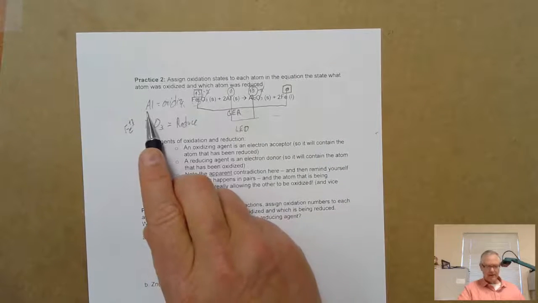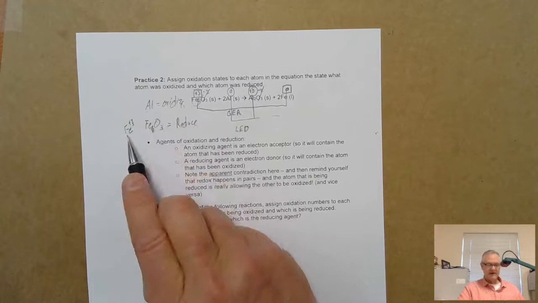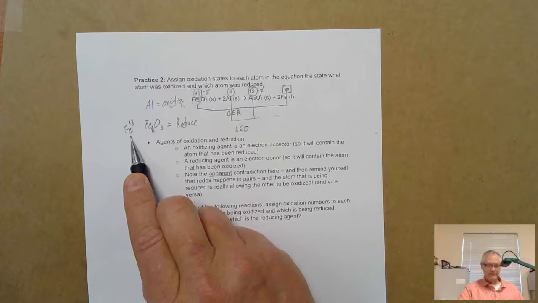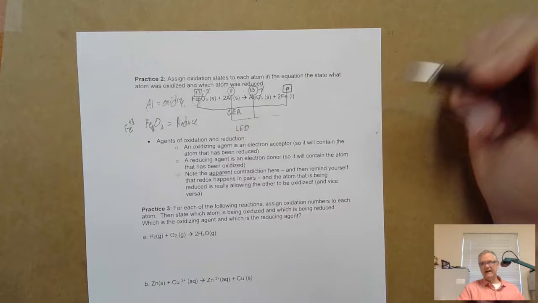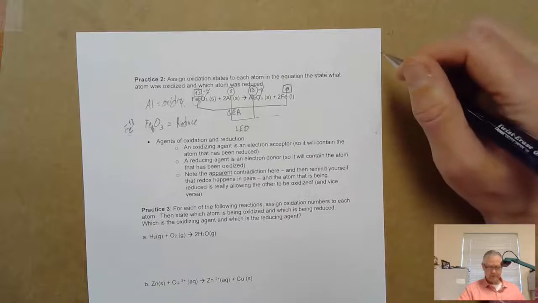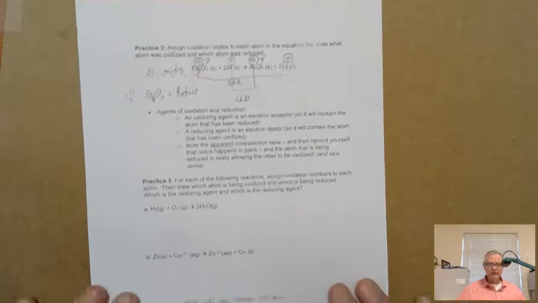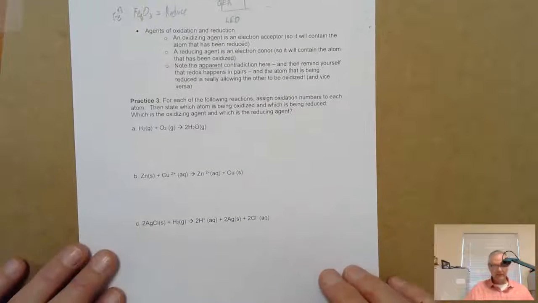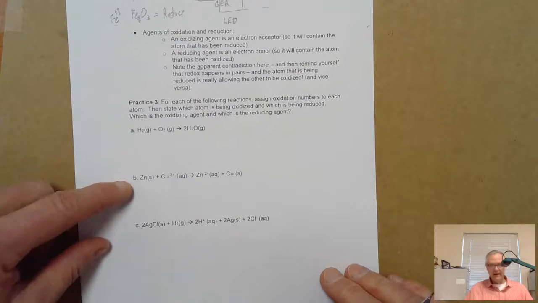Down here we say the aluminum is being oxidized, so the iron +3 ion has to be the oxidizing agent. So the oxidizing agent is what is causing oxidation, which is what is being reduced.